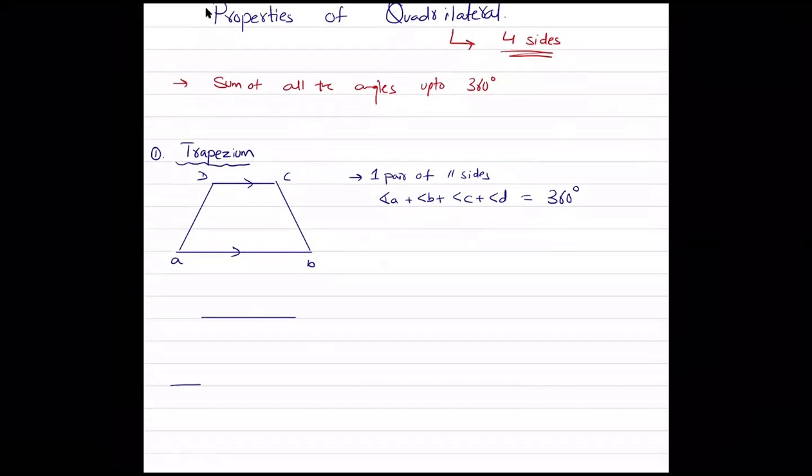Isosceles trapezium is a trapezium in which you have one pair of parallel sides. ये दोनों लेंथ्स इक्वल कभी भी नहीं होंगी. और ये जो नॉन पैरेलल साइड्स है ये इक्वल है. Non-parallel sides are equal in length.